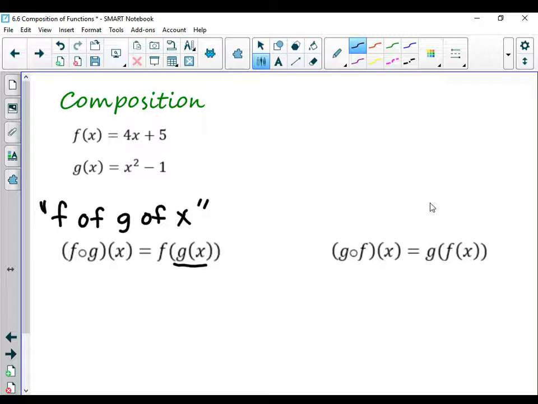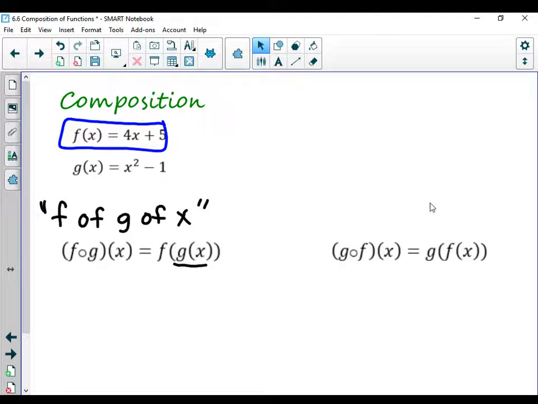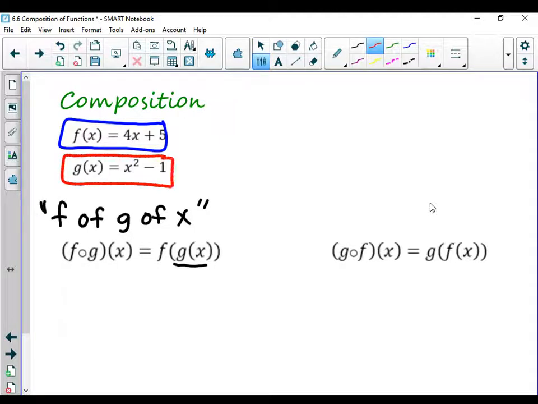I'm going to make this one blue and this one red. So my f equation, if I rewrite this as f of g of x, now can you see g of x is literally inside of f? Just how it's written.